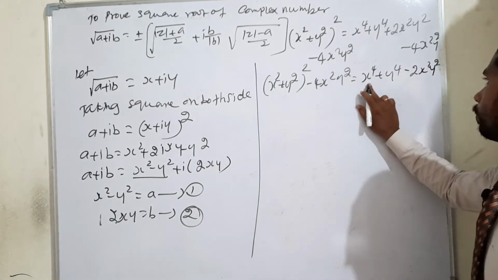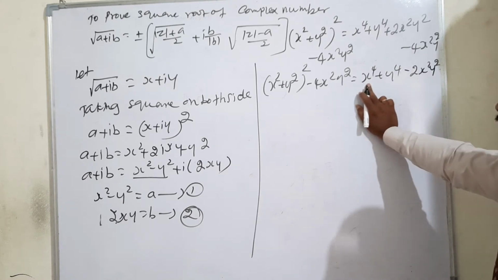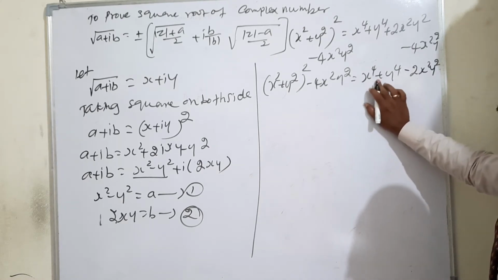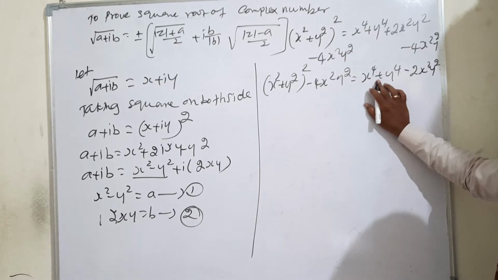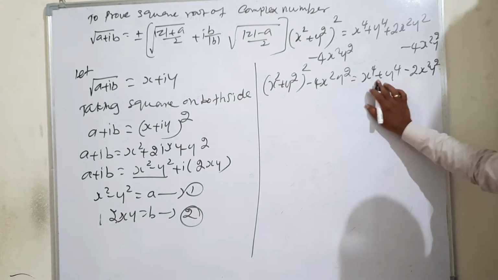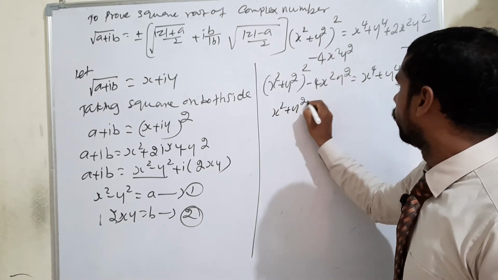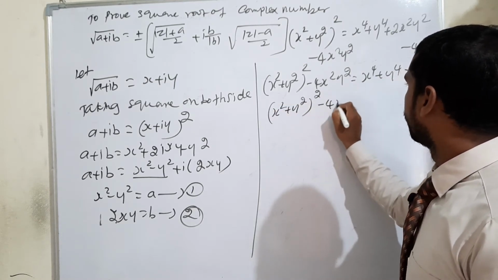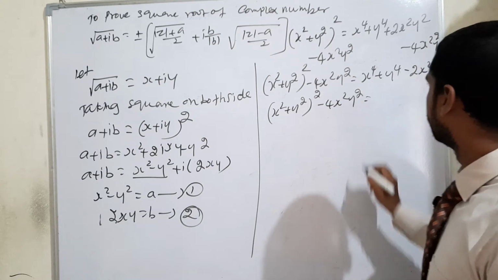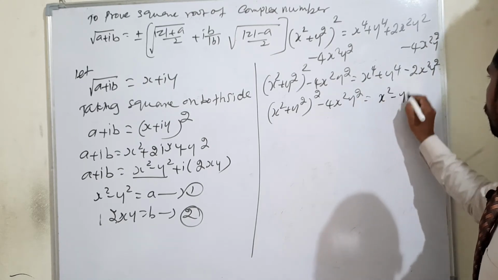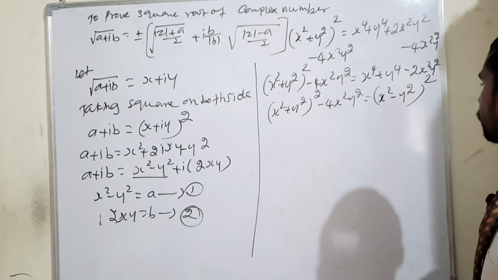This is actually one formula, no? So if you take it for x square plus y square, a minus b, a square plus b square minus 2ab, we will get. So this is how to rewrite: x square plus y square the whole square minus 4x square y square is equal to x square minus y square the whole square, isn't it?